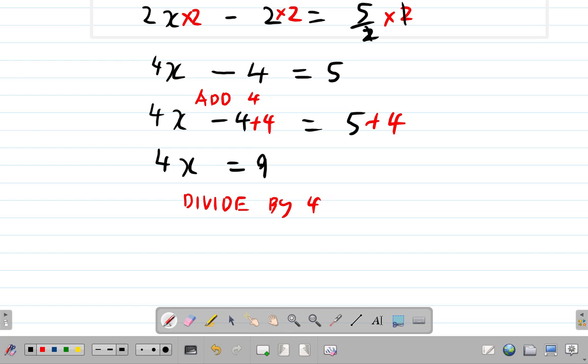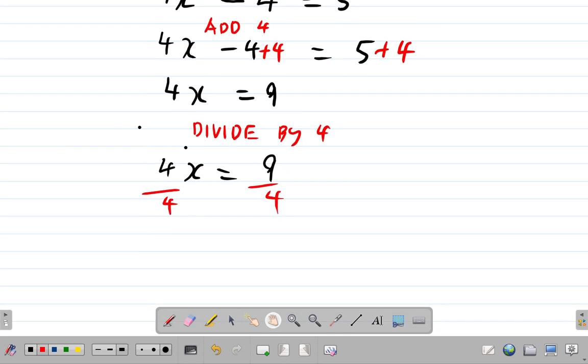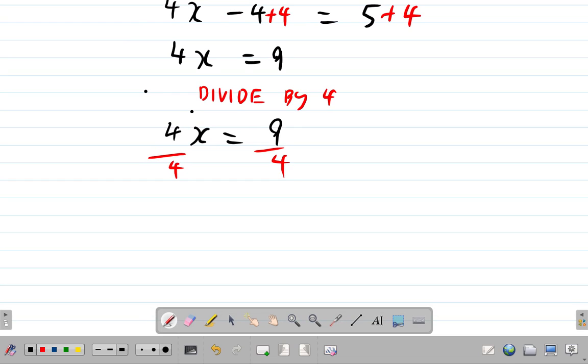Alright? So in this case, I have 4x equals 9 divided by 4 divided by 4. So I have 4 cancel 4, so x alone equals 9 divided by 4. So that's what I have.